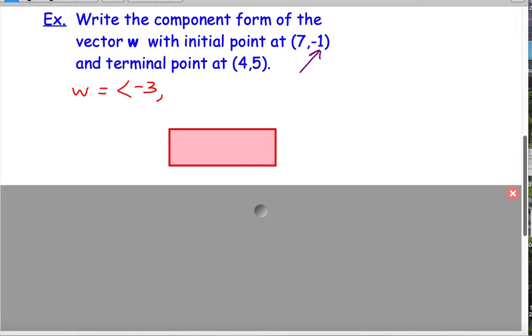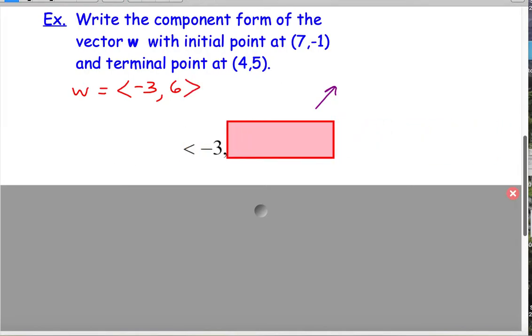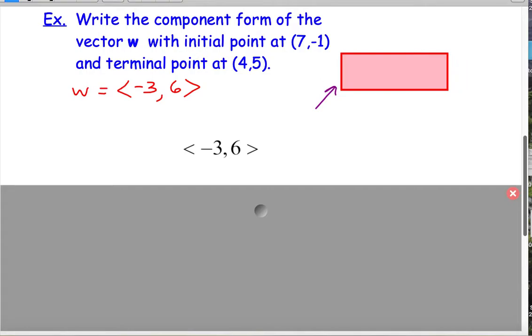And then look at the y numbers. I was at negative 1, and I went to positive 5 in the y direction, so that's going upward 6 units. So that would be a positive 6. So the component form is going to be negative 3, 6.